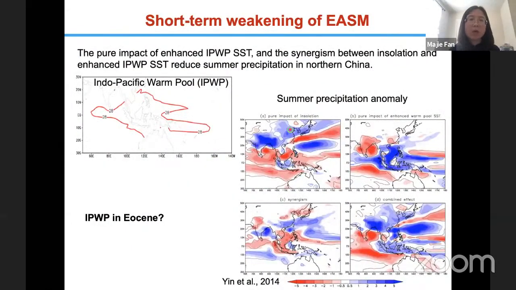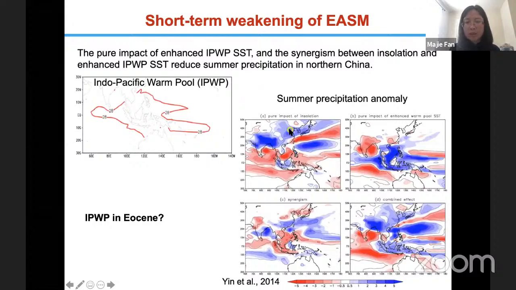So what caused those particularly dry climate events in the Eocene? If we look into modern climate simulations, it's been suggested that the drought was related to the Indo-Pacific warm pool, which is basically an elevated sea surface temperature area in this region.